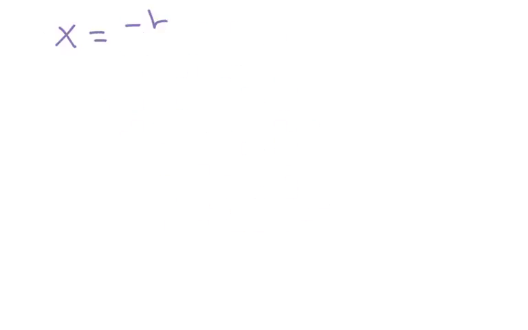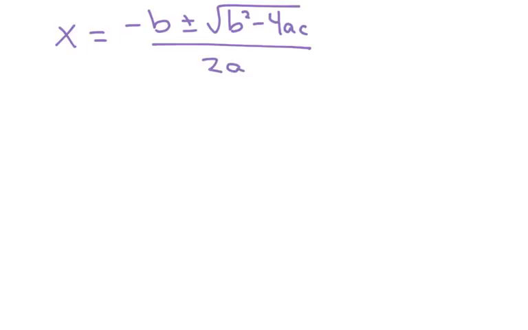So basically, I'm going to use the quadratic formula. x equals negative b plus or minus square root of b squared minus 4ac over 2a. And we know our a is what? 3. Our b is negative 6, and our c is 1.